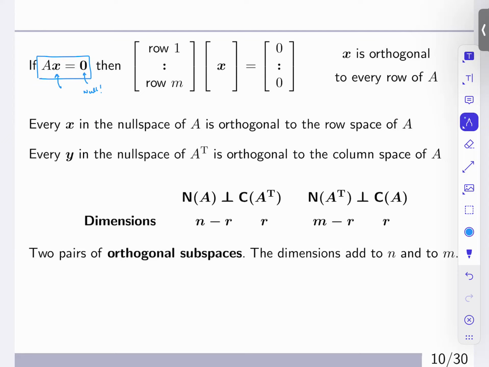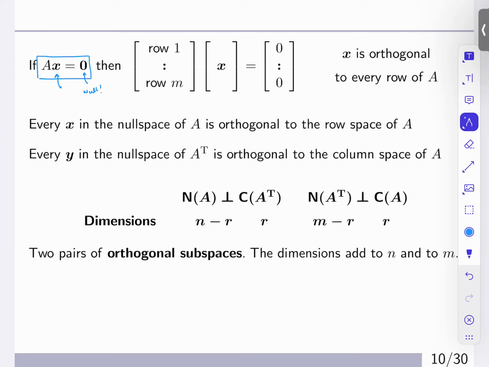And why is this null vector important? Because if you take all the null vectors corresponding to that matrix, that formulates something called the null space of the matrix.